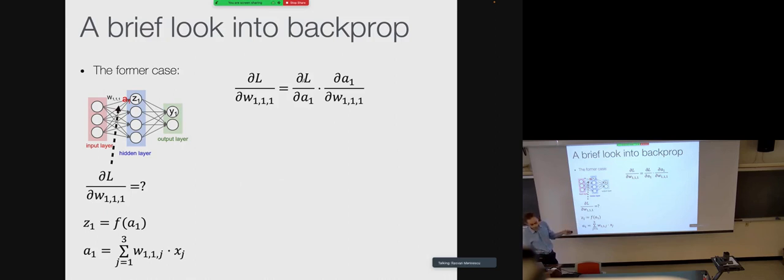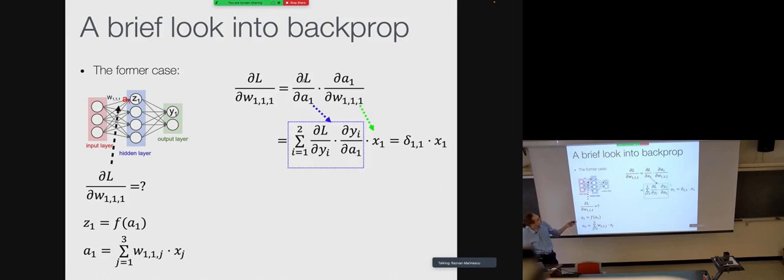Then we break this apart again into two more, also with the chain rule. dL over dA1 is dL over dy times dy over dA, and we sum over all these y's, because we have multiple y's, two of them, y1 and y2. And the term on the right is just x1, because of this equation.